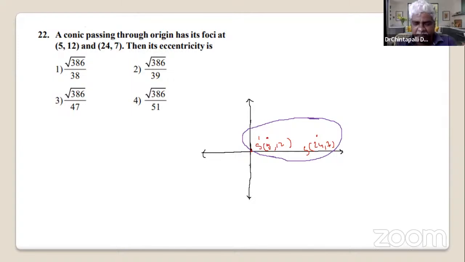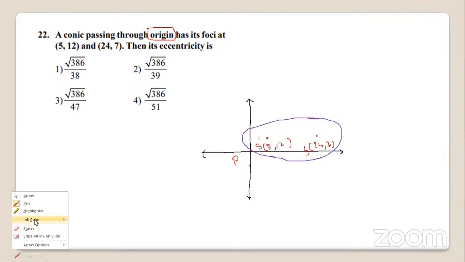If you take any point, let us take this point P, because we don't have any clue to take another point except origin. It is passing through origin. That means we can take that point. I asked you previously to note down that point. What is that point? SP plus S dash P equals A. Very good.